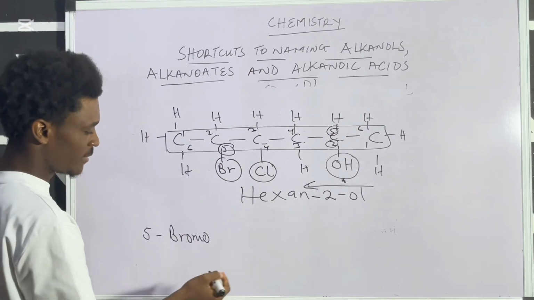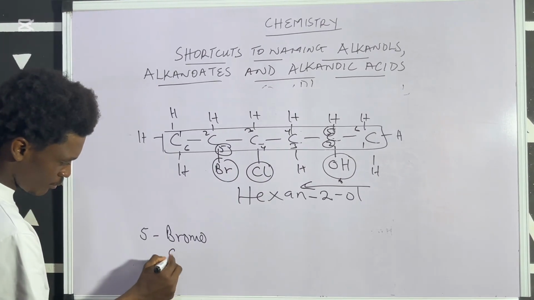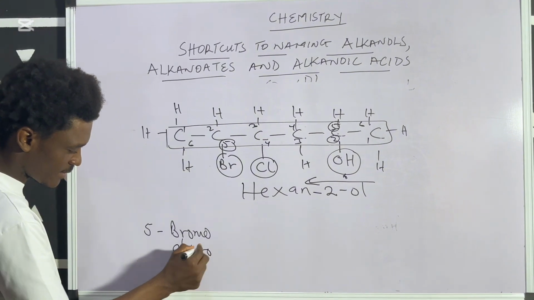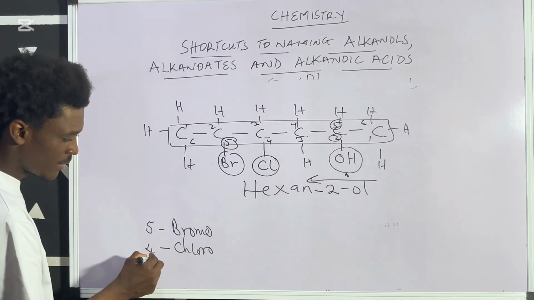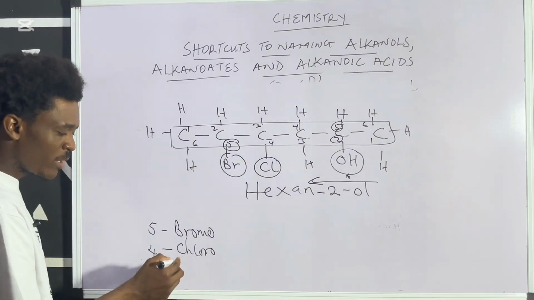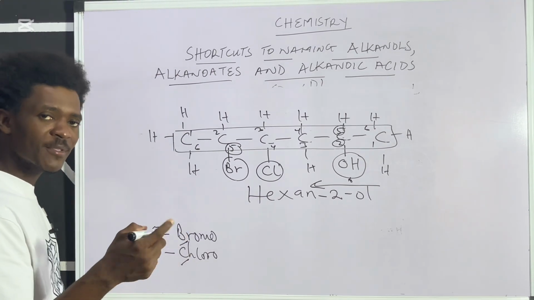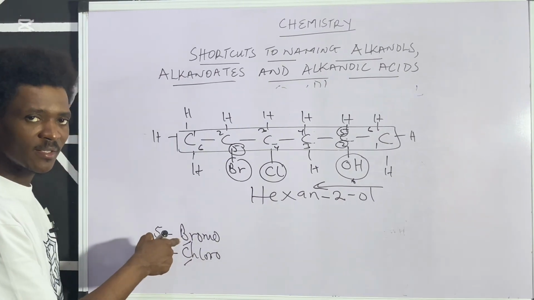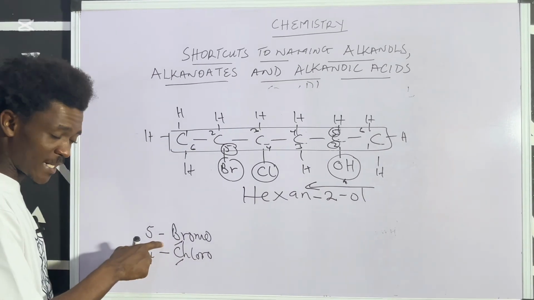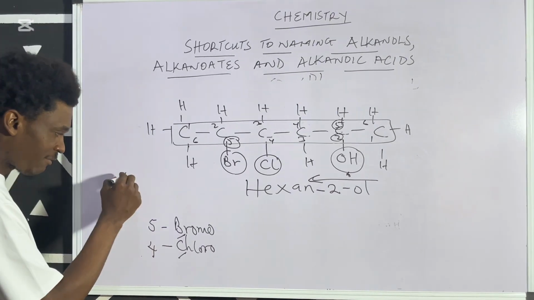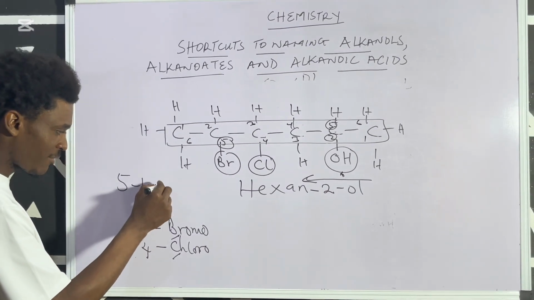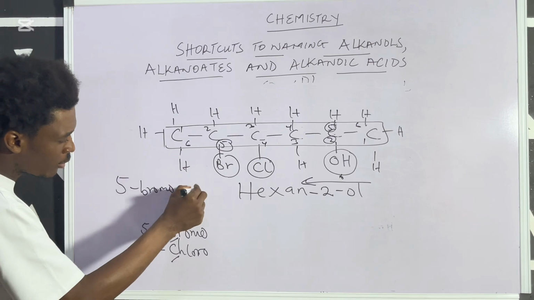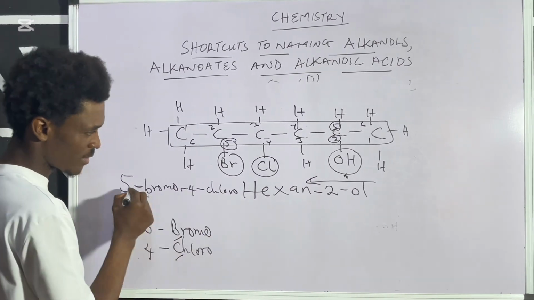Then this one, that's chloro, is seated on carbon 4. Now next, between B and C, which one comes first in alphabet? It is B. So that's the reason why you should start this name with 5-bromo, then 4-chloro, then what?